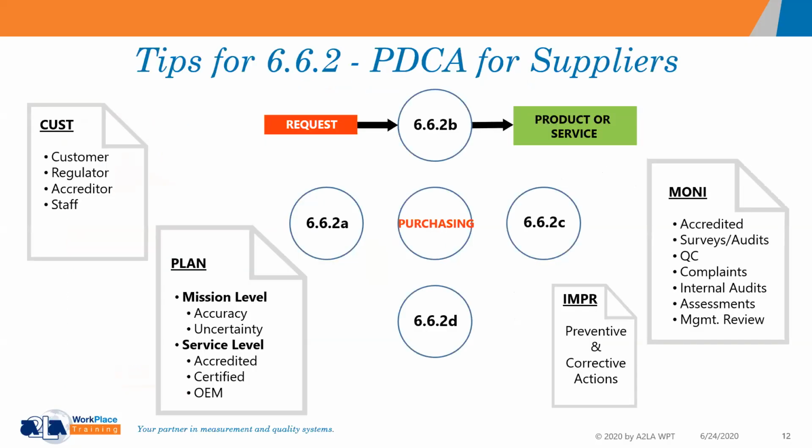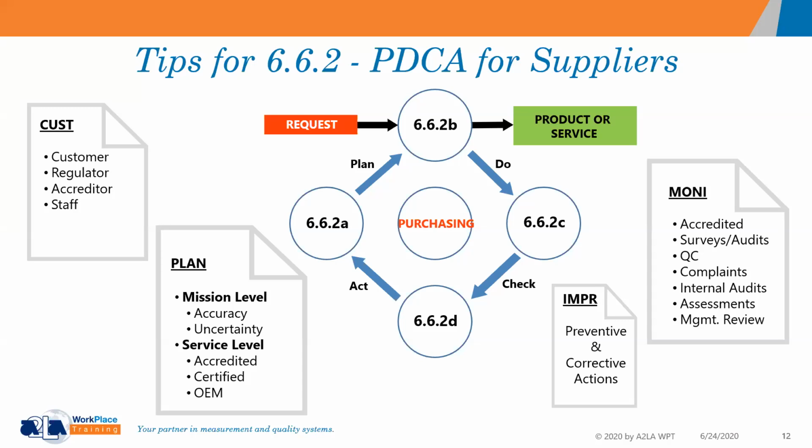And so I kind of want to take you guys through the PDCA process, which is essentially what 662 mimics. PDCA is Plan, Do, Check, Act. If we look at 662 as a whole, and if we start at 662A, 662A kind of acts as that plan. You're defining the requirements of those external products and services that you receive from these providers.